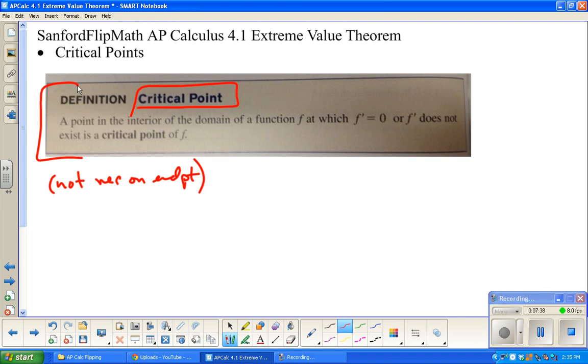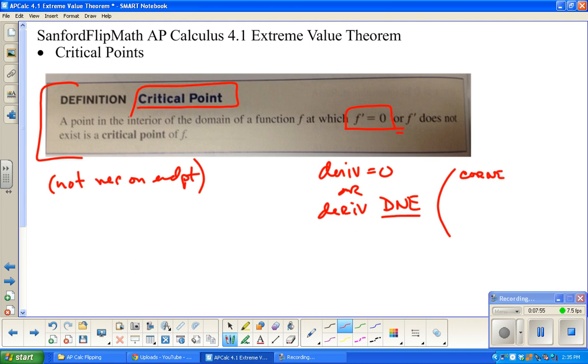Okay, and then we're looking for a spot where the derivative is 0 or the derivative does not exist. Now remember that derivatives don't exist at corners, cusps, any place that it goes vertical.